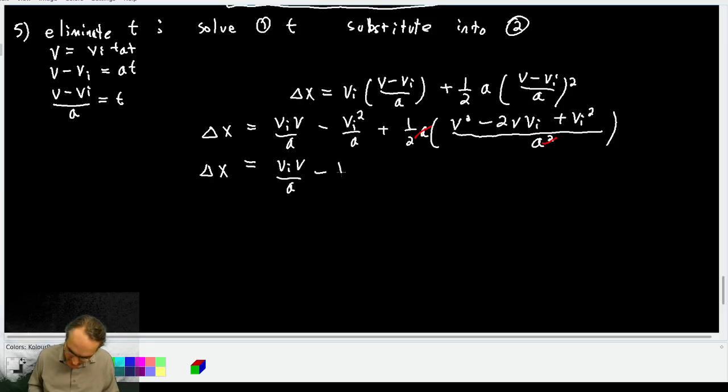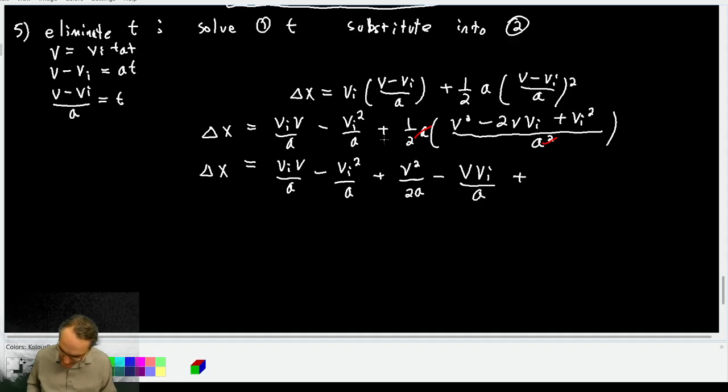Let's take that 1/2 and distribute it in. So we'll have v final squared over 2. The 2 will cancel here, so we'll get a minus v vi, oops, I need an a back here, v vi over a, then vi squared over 2a. Alright, let's look for things that we can cancel. These look promising. Those are the same thing with opposite signs. We can just get rid of them.